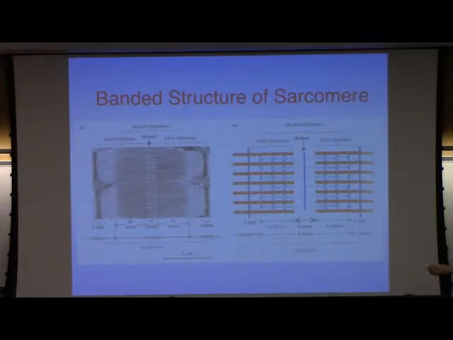This is a more schematic picture, showing the Z line that defines the sarcomere. The thin filaments are coming out, and the thick filament sits in the middle, and when it activates, it pulls towards the positive end and causes the sarcomere to contract.